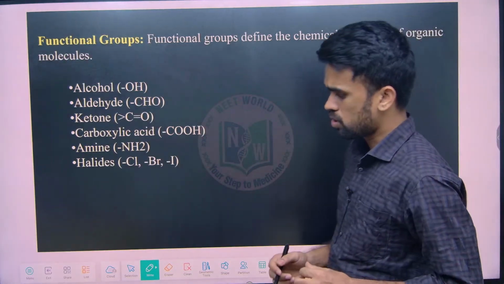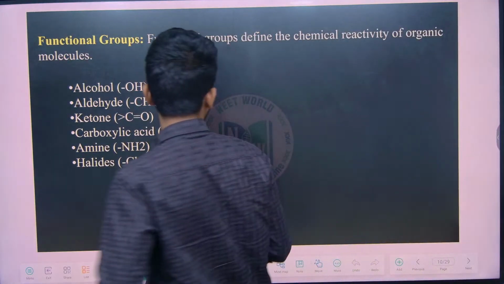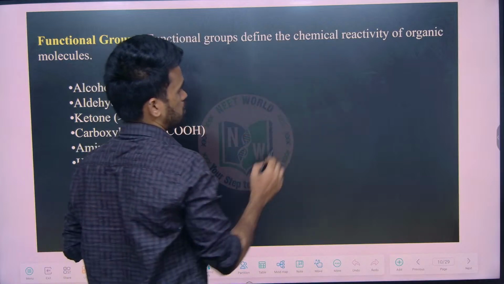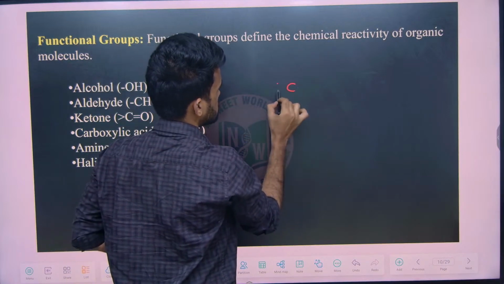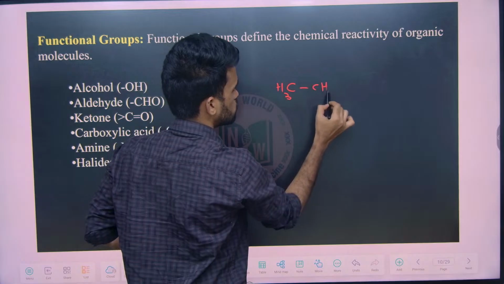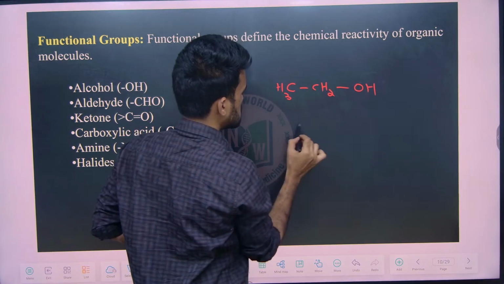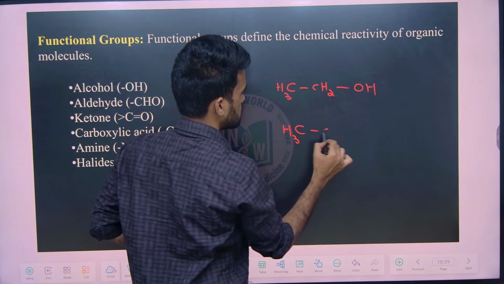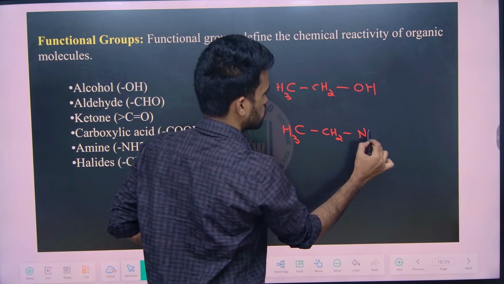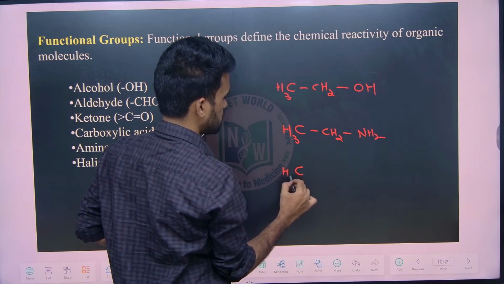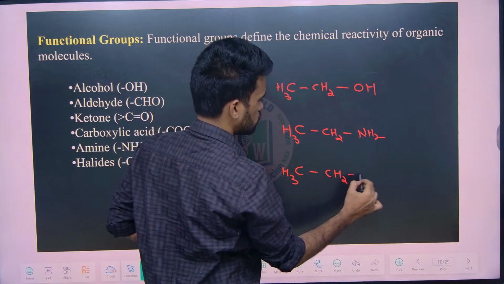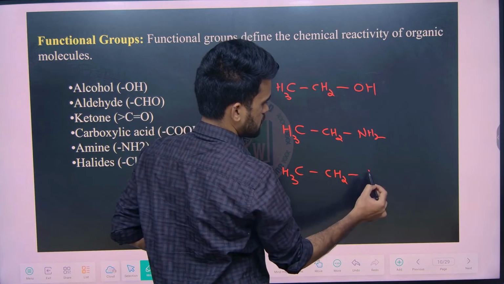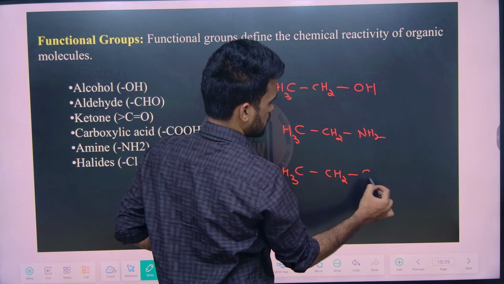Now, for example, here I am writing compounds, you just observe: CH3CH2OH, CH3CH2NH2, and CH3CH2Cl.